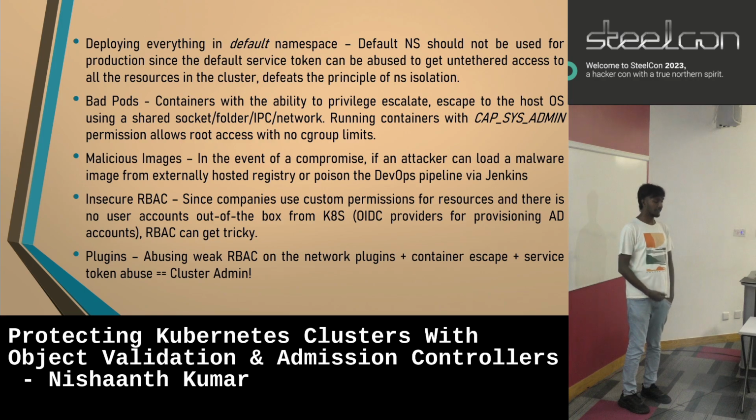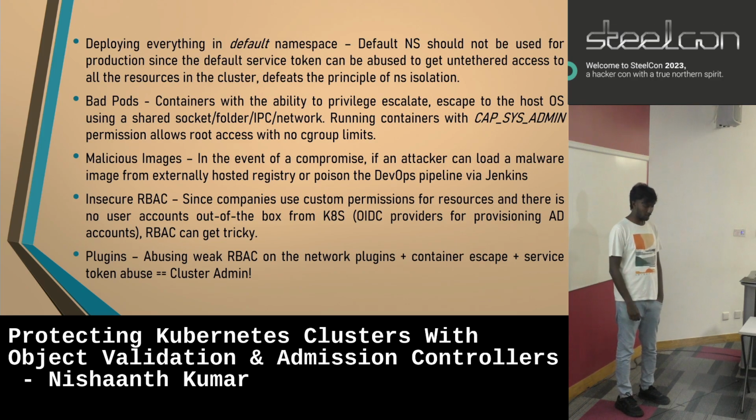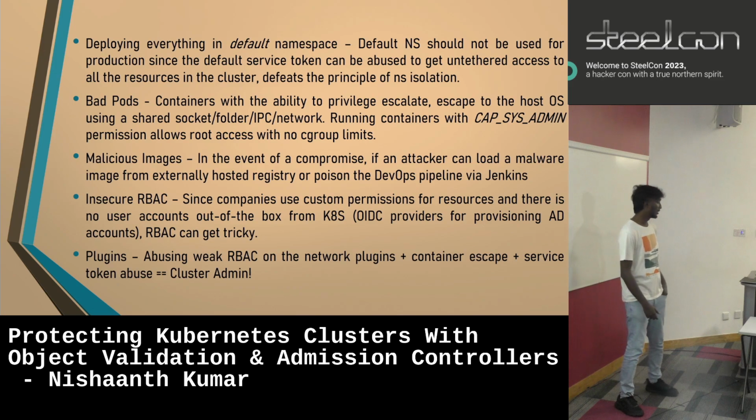By default, Kubernetes has a namespace called default, and they recommend that people don't push resources into it, because if an attacker gets access to the cluster, they can get the service token of the default namespace and abuse it. Since all the resources are there and there is no isolation in terms of network or file system, it's a bad practice.